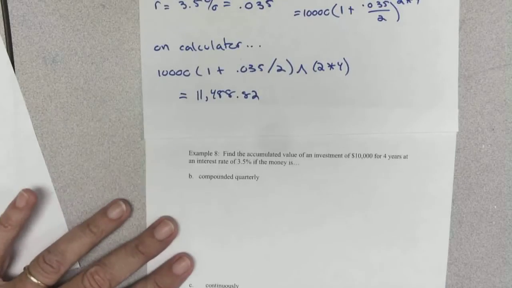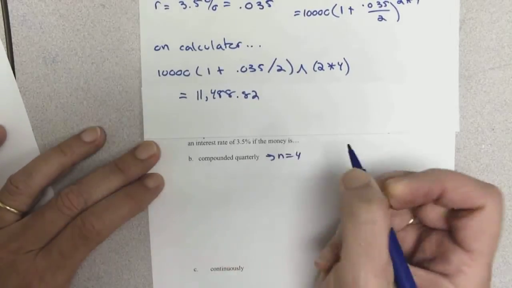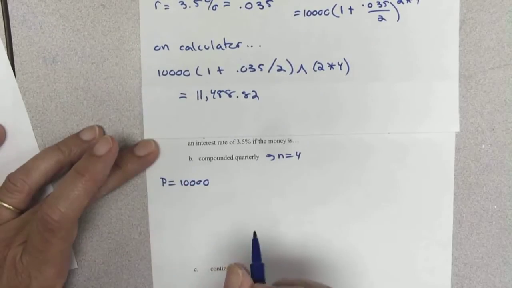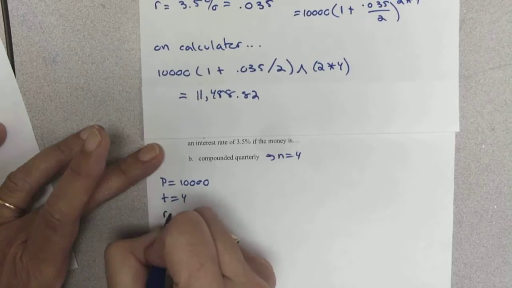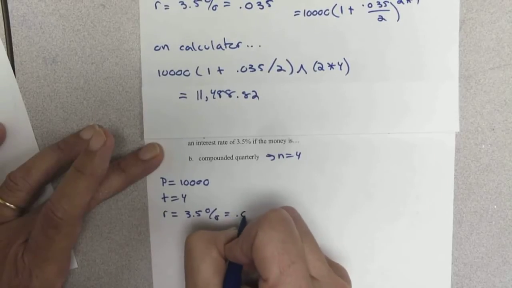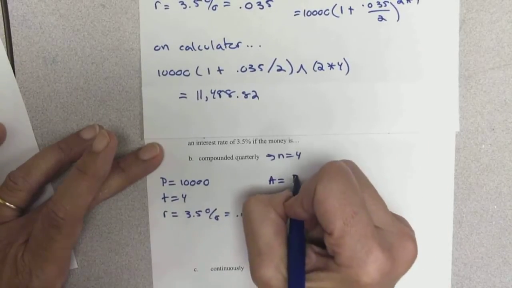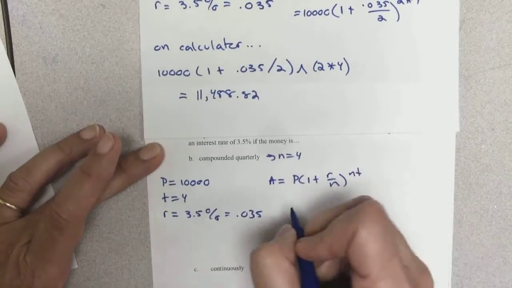Same stuff, now compounded quarterly. So that's n equals 4, but everything else is the same. The principal is 10,000, the time is 4, the interest rate is 3.5%, or 0.035. So A equals P times (1 plus r over n) to the nt.